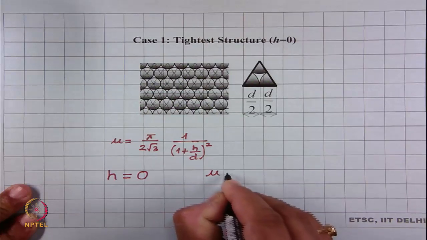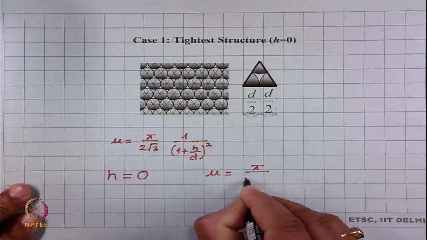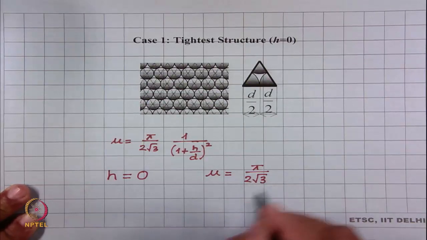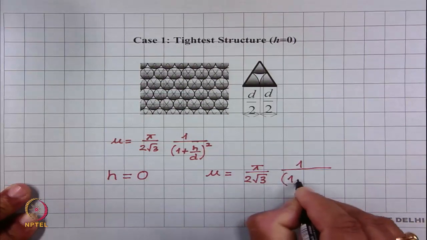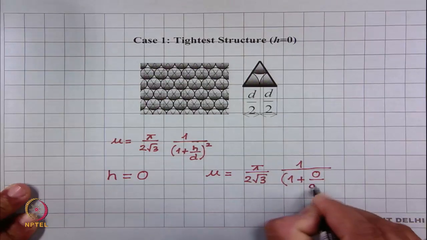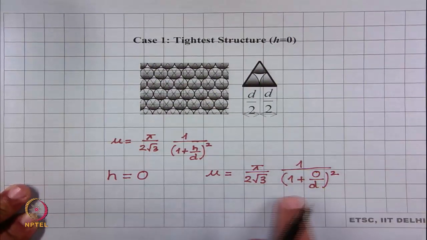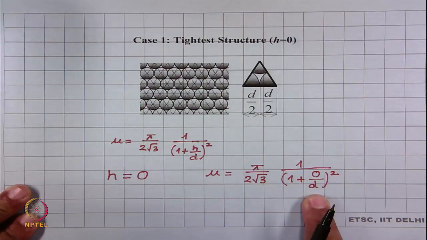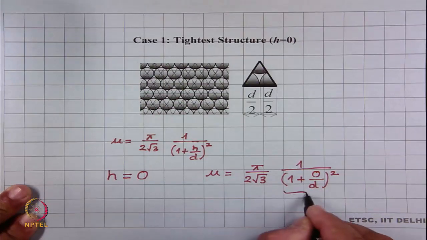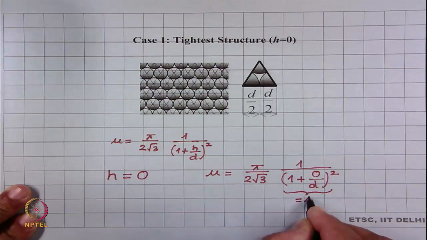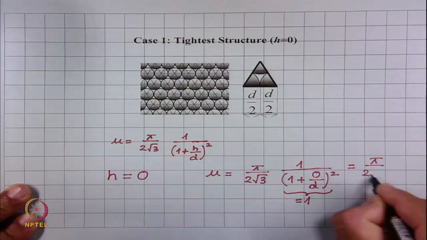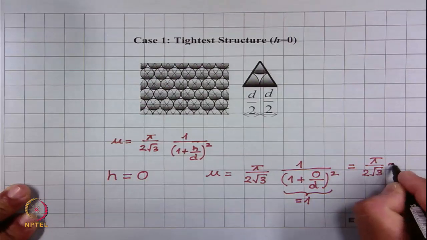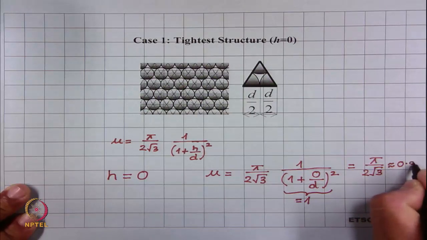We will obtain mu is equal to pi by 2 root 3 into 1 divided by 1 plus 0 by d whole square. So, this term is 0 and 1 plus 0 is 1, 1 divided by 1 is 1. That means, this whole term becomes equal to 1. So, this becomes pi by 2 root 3. This is roughly equal to 0.91.